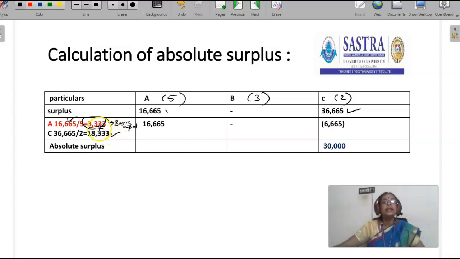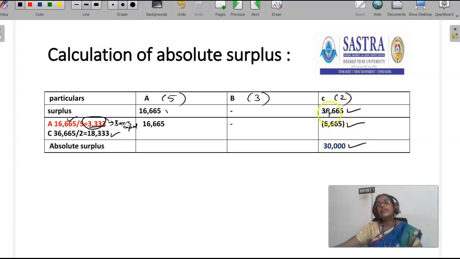So 3,333 into 2 is 6,665. As per the basis capital, C's capital should be 6,665, but he has brought a surplus of 36,665. So when we compare A with C, C paid an excess amount to the extent of 30,000.